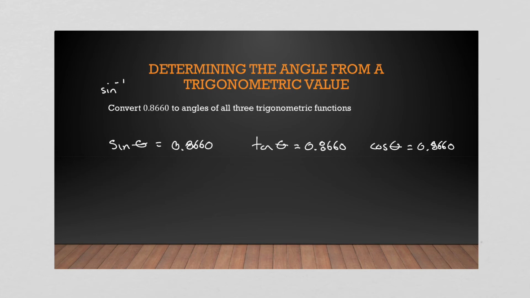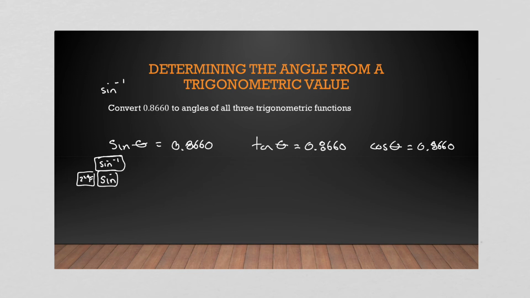So you're going to have to, in this case now, hit second function. Make sure that it says second F at the top of your calculator. And then you hit sine. You hit the sine button, but what'll appear is sine -1 on your screen. But that's why you're using the second function button.